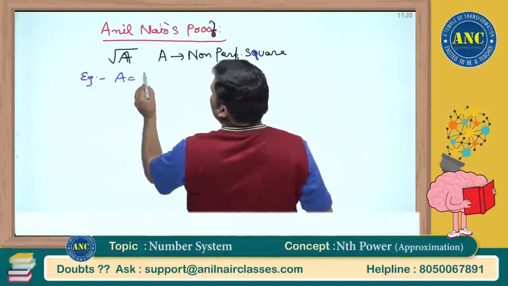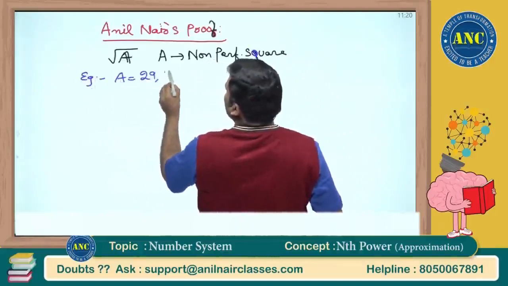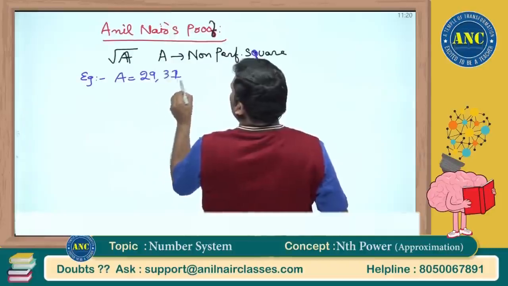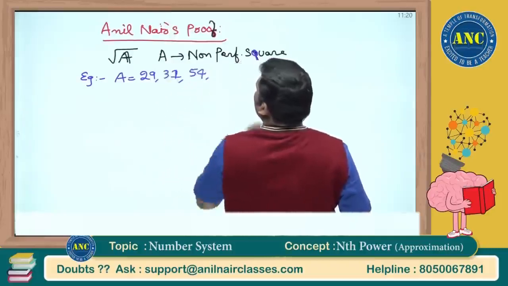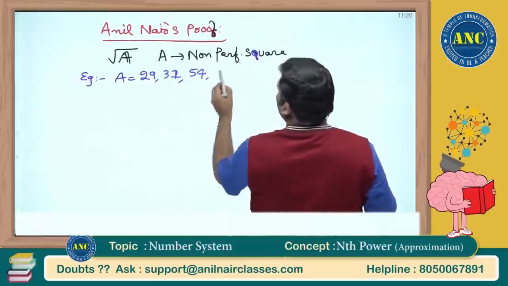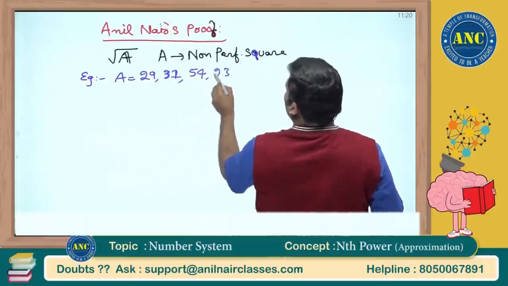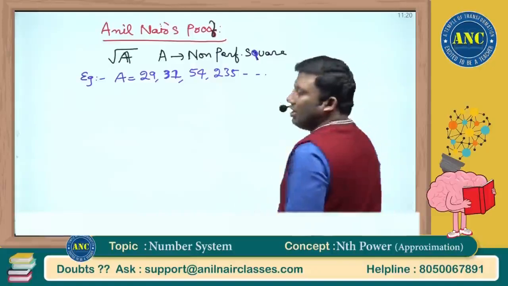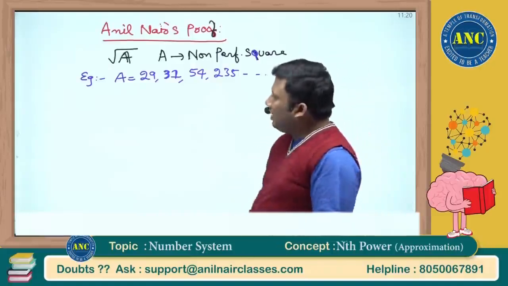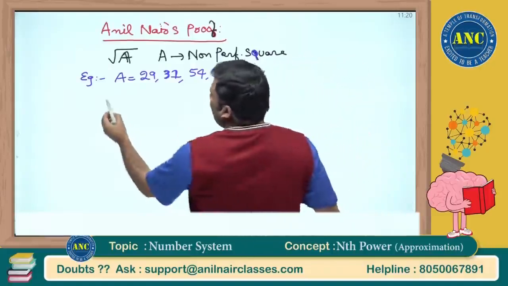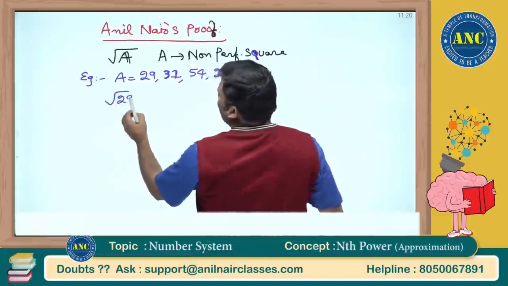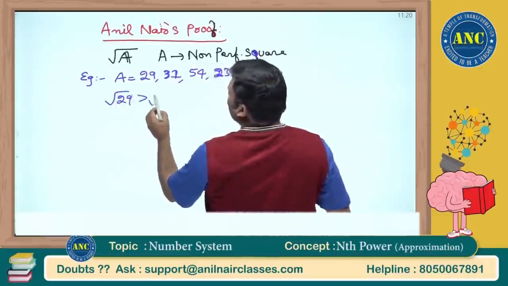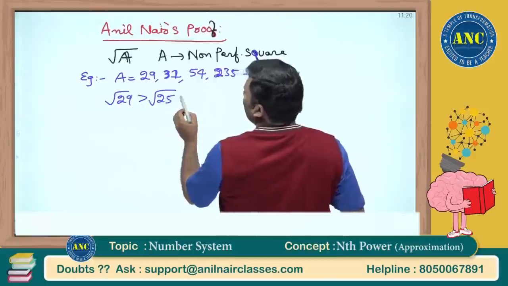A is 29, A is 31, A is 54, A is, for example, 235. All these are non-perfect squares. Can I say root 29 is greater than root 25? Am I right?